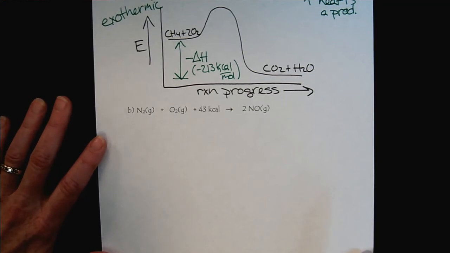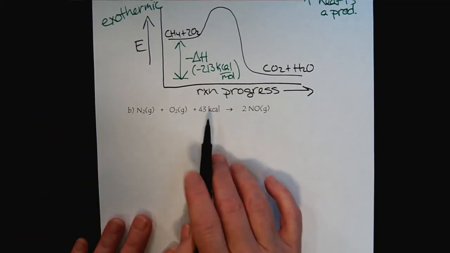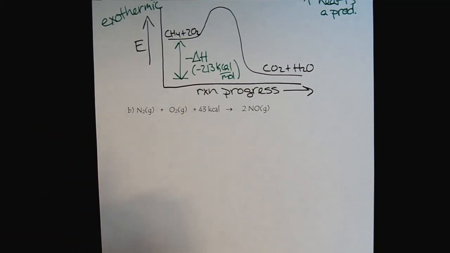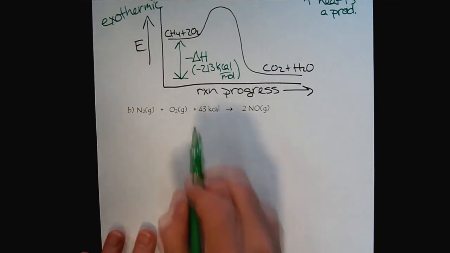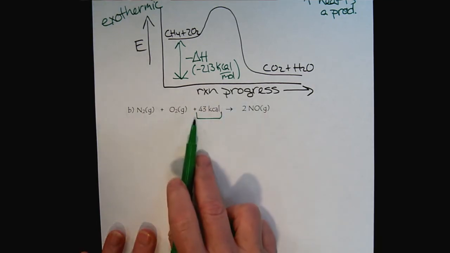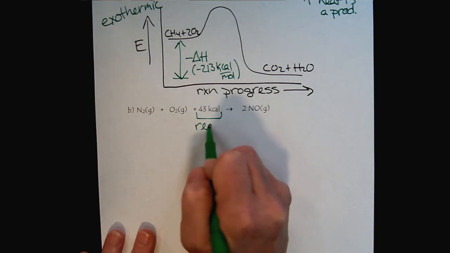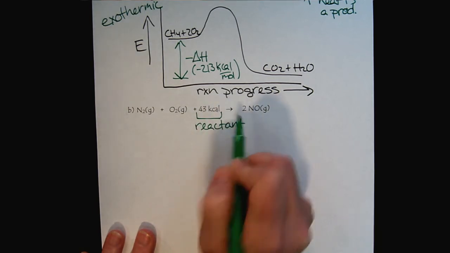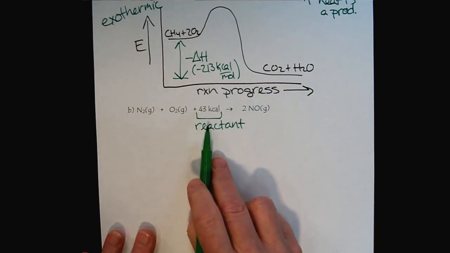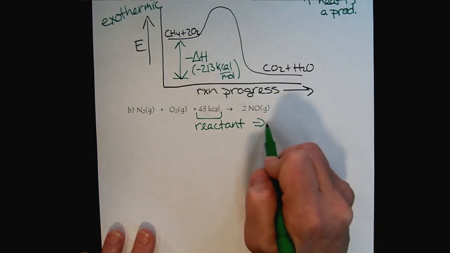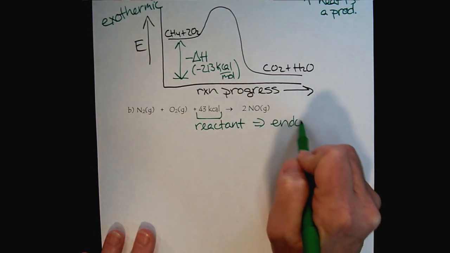Okay, this is the other way to communicate the reaction enthalpy. Here we notice that the reaction enthalpy is included as a reactant. So because the enthalpy is shown as a reactant, we know that this reaction is endothermic.